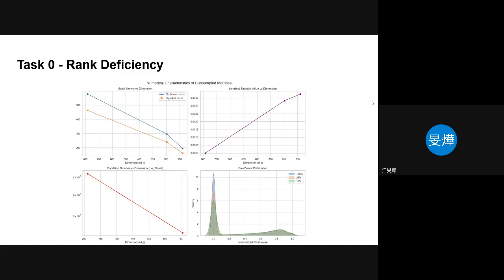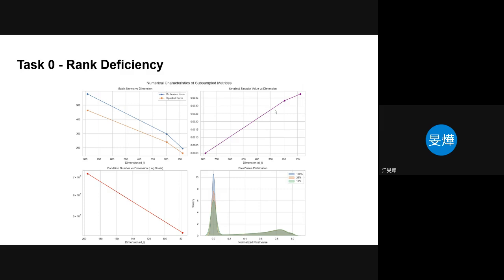Here we see the matrix norms, as expected, when we reduce the dimension by throwing away pixels, the overall energy or magnitude of the matrix goes down. So you can see that 10%, 75%, and then 100%, it grows, a negative slope.